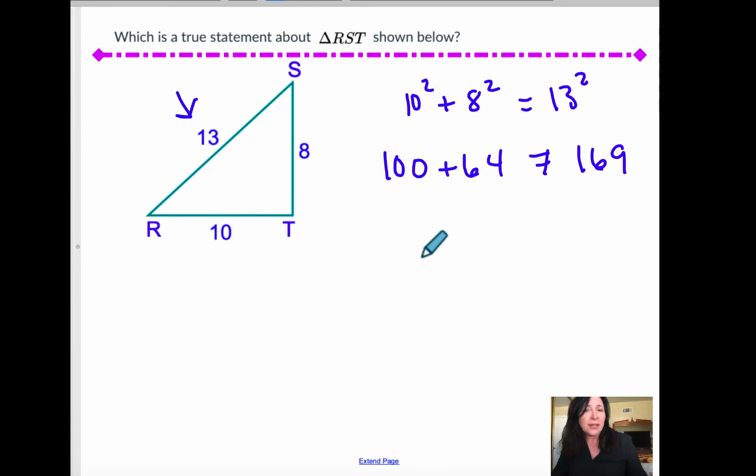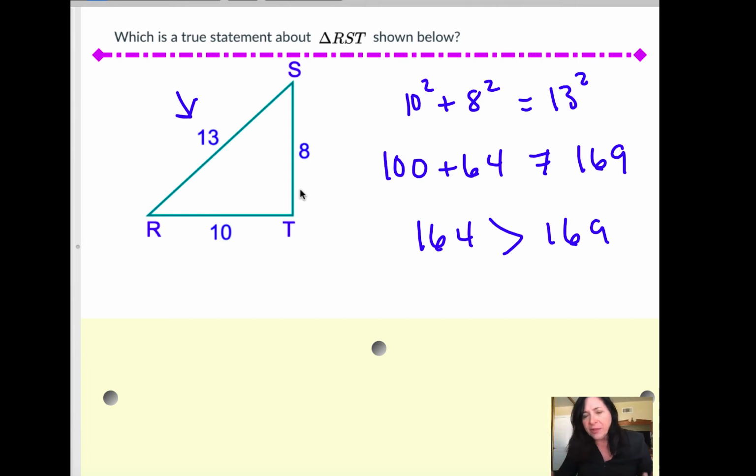And actually, 164 is less than 169. So what that means is that this triangle is actually an obtuse triangle.